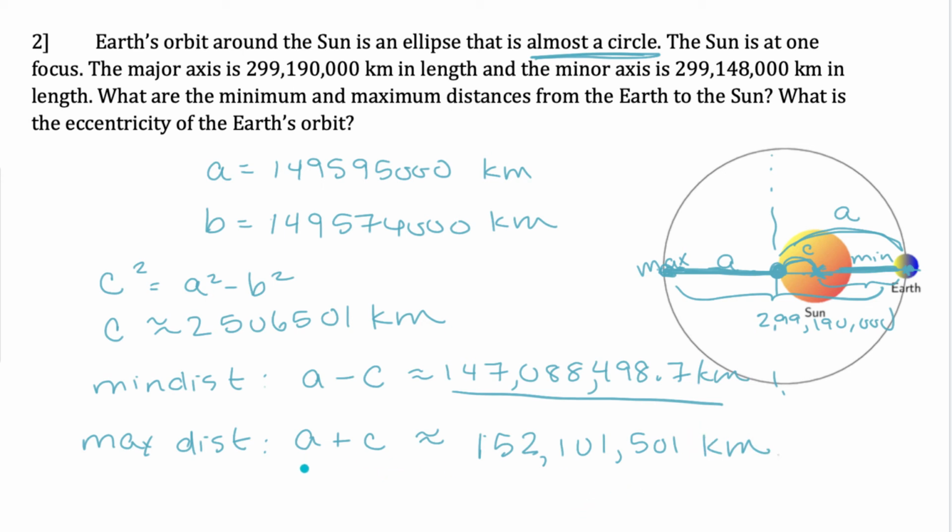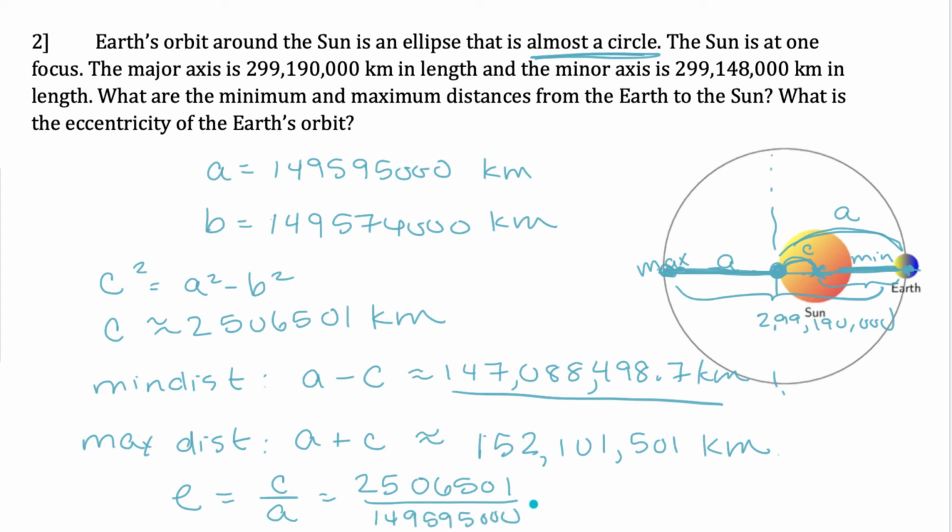All right, the second question says, what's the eccentricity of the Earth's orbit? Remembering that eccentricity is simply the ratio of C to A, right? And if I take my C value of 2,506,501, and I put that over my A value of 149,595,000.